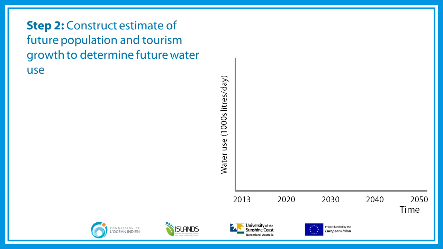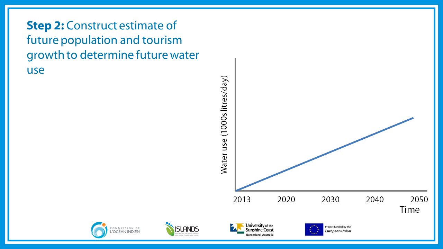Because water users in the project area include not only hotels, but also houses and shops and industry and agriculture, we will need to come up with the best estimate we can about the future growth in water demand from these users. A detailed description of the method of how to identify current water users and to project future growth and demand will again be provided in a separate video.